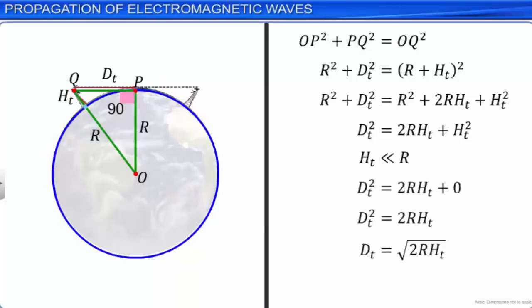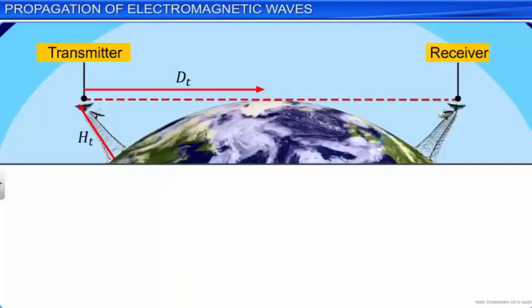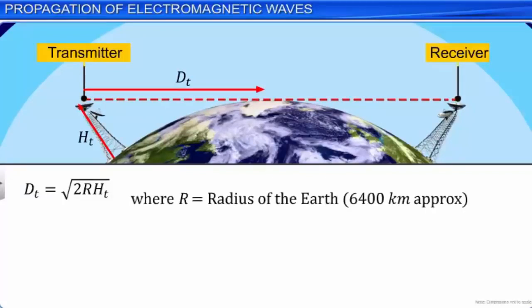This gives us the distance dt of the horizon from an antenna of height ht is equal to √(2Rht), where R is the radius of the earth. Similarly, the distance dr of the horizon from a receiver of height hr is equal to √(2Rhr).